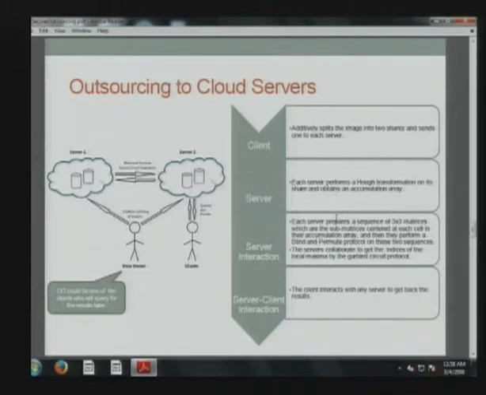Now the two servers each have an accumulation array, but we know that the sum of the two arrays is actually the accumulation array for the original image, and the problem is they want to find the local maximums in the sum of the two arrays.